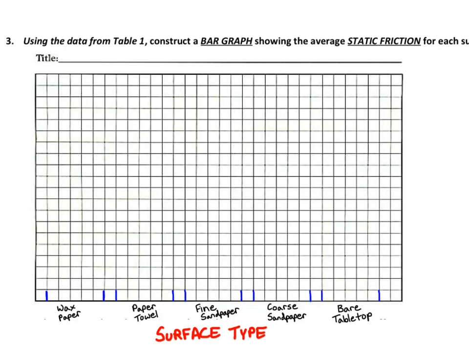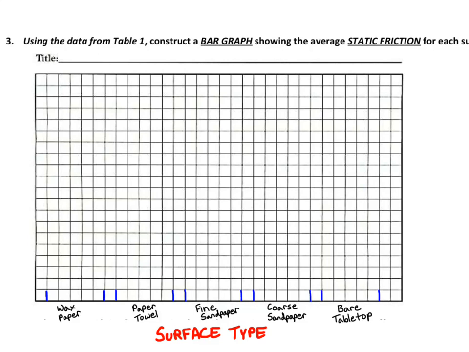I've drawn these blue lines here, which represent the beginnings of the bars I'm going to put on my bar graph. Make sure that you do separate the bars. They should not be touching each other, because this is not a histogram. We're working with completely different categories here, so we keep them separated on our bar graph.